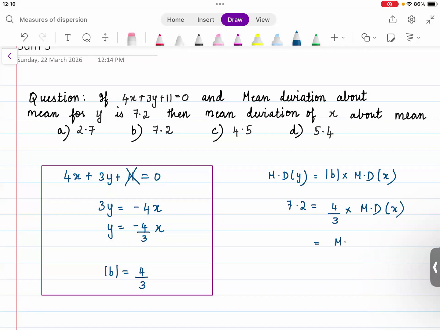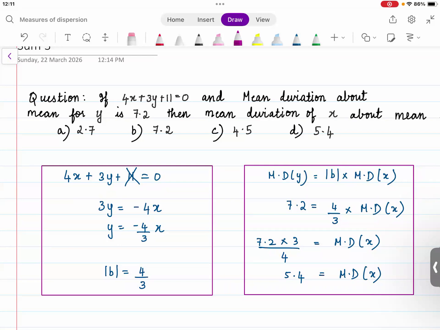So what will be the value of mean deviation of x? It will be equal to 7.2 into 3 divided by 4. So solve it. What are you getting? Are you getting 5.4? Yes. So which option should we choose? Option D.